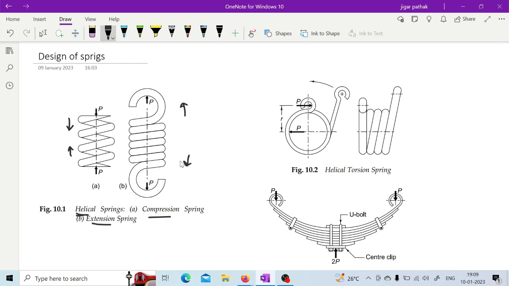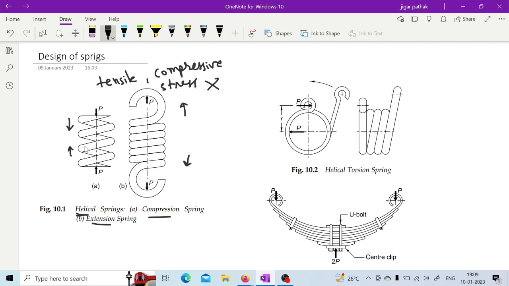But here compression and extension are things happening to the length of the spring, so the spring is not experiencing any tensile or compressive stress in this case.